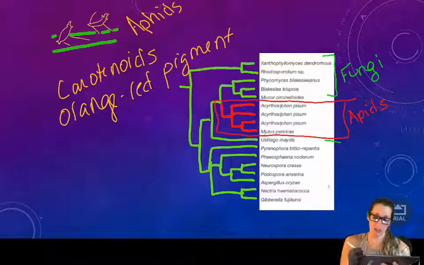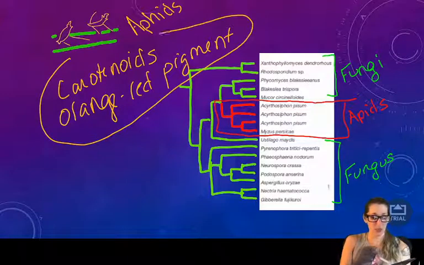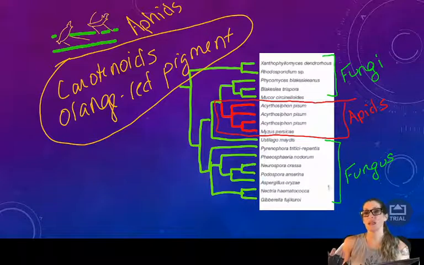Oh, that's weird. So we have aphids, an animal. Their clade is nesting in the middle of a clade of fungus. What? Well, the reason that's happening is because we're just looking at the gene that gives aphids the ability to synthesize carotenoids.